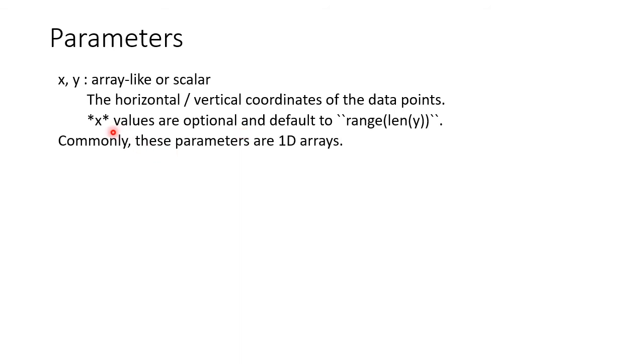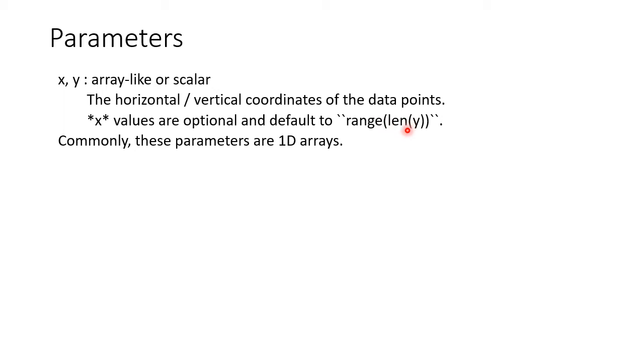Now, as we already said, these x values are optional and default to range(len(y)). That means if there are 5 items in y, then range will generate 5 integers, namely 0, 1, 2, 3 and 4 as a list, up to 4 if len of y is 5.